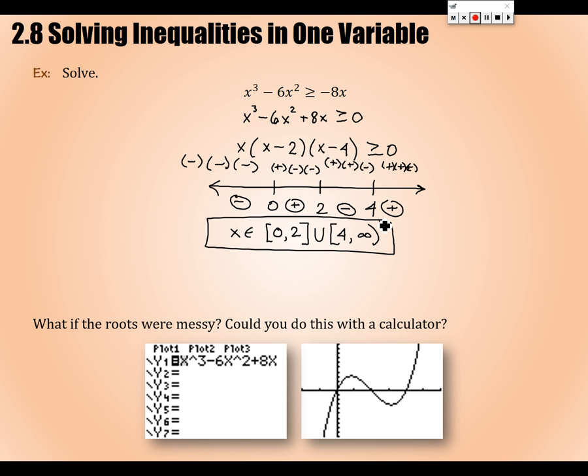But remember you know how to find your zeros on the calculator and all that. So even if it was messy, you could see from the picture when the y coordinates go above and below the x-axis. Do you see why I use closed brackets? Because this time I'm interested in knowing the x values that make this equal, and that's those values.